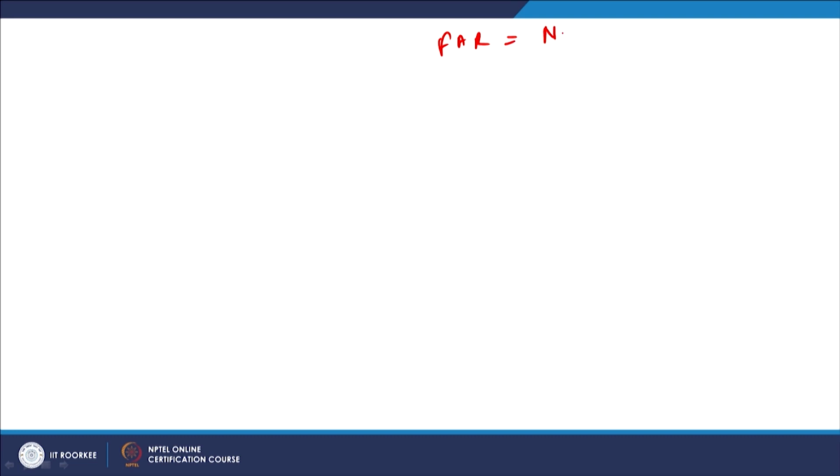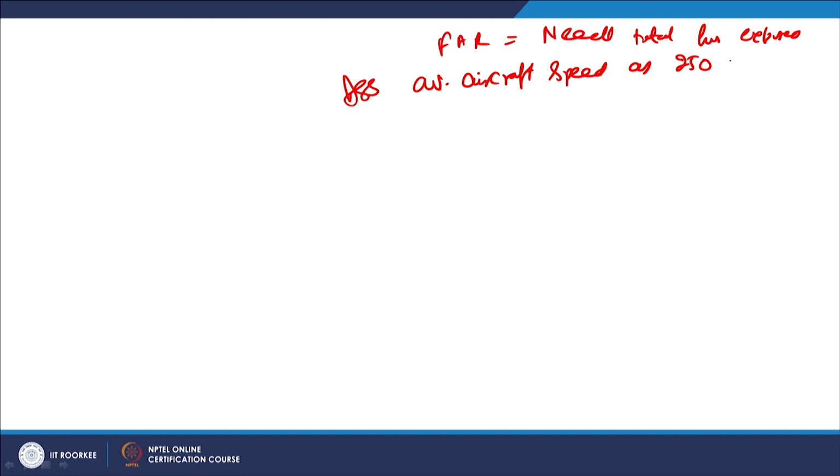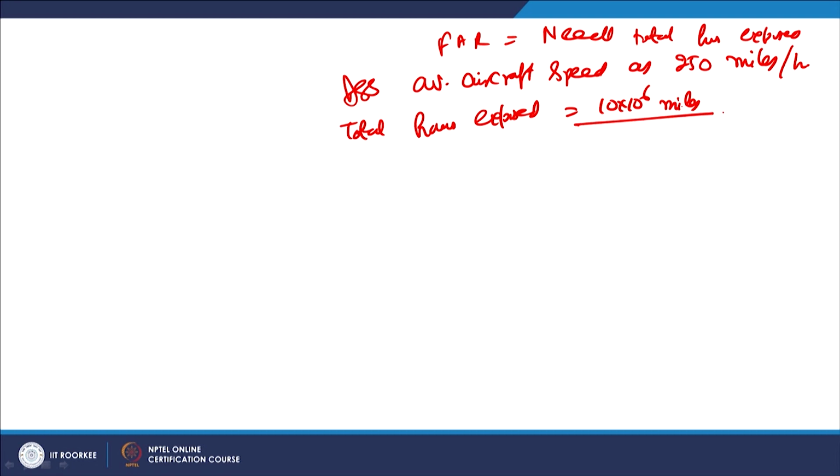So, for FAR, we need the total hours exposed. Let us assume the average aircraft speed as 250 miles per hour. The total hours exposed are 10 into 10 to the power 6 miles divided by 250 miles per hour, that is 40,000 hours.